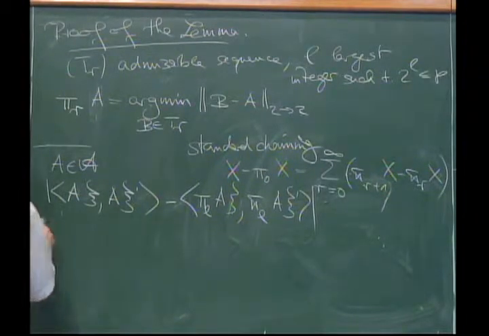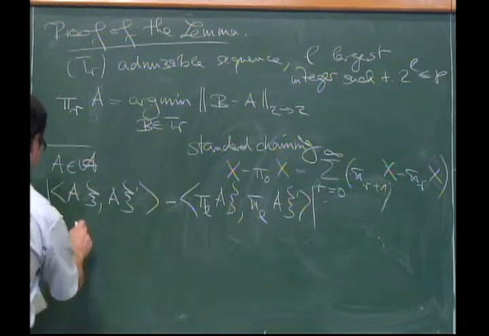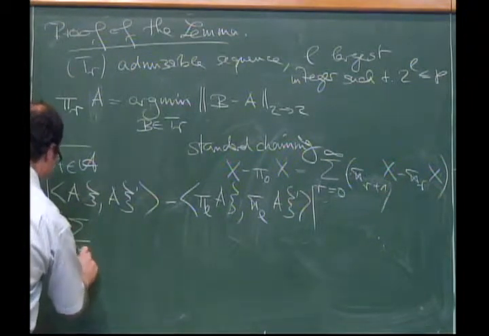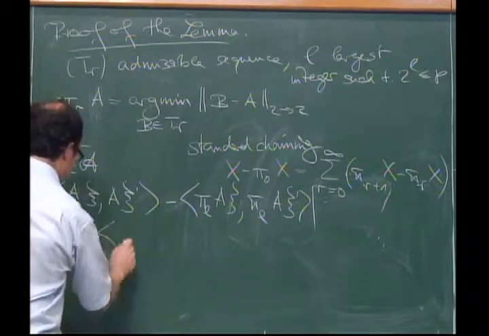Okay, and now the crucial step is to do a sort of telescoping sum on both sides of the inner product. I first write the actual term.